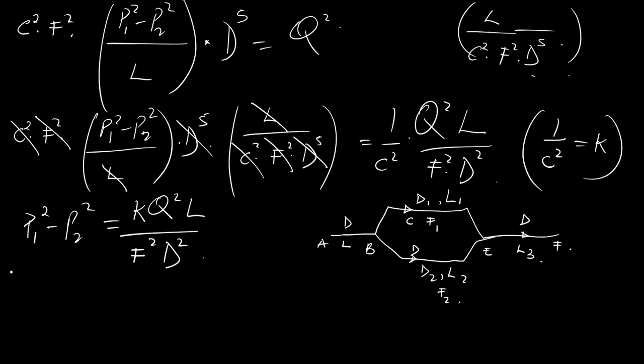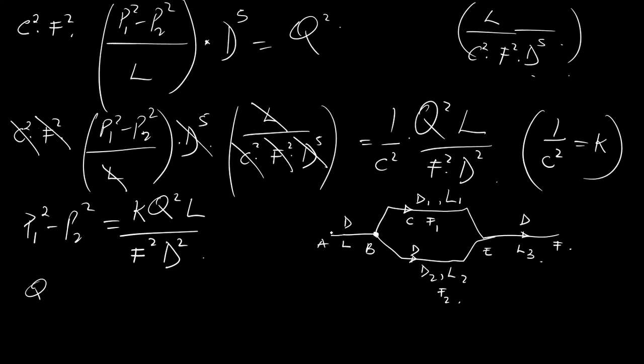So now, we also note that according to the law of continuity, at any node on a pipeline, a gas pipeline, or any fluid, the flow rate coming into that node is equal to the flow rate leaving the node.